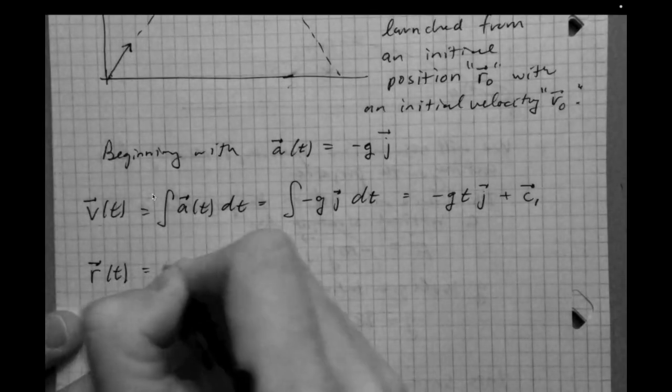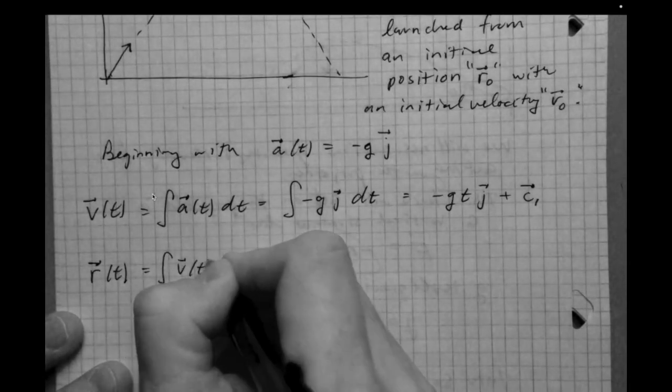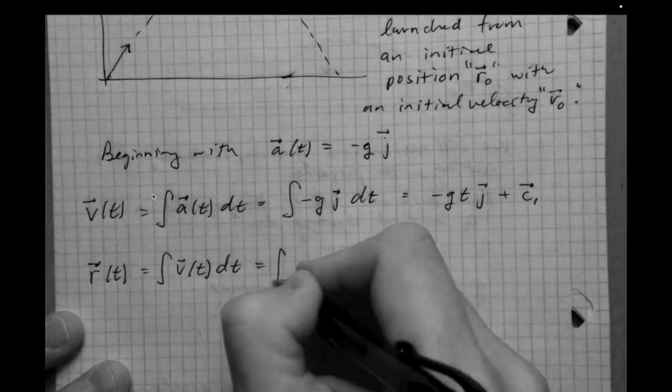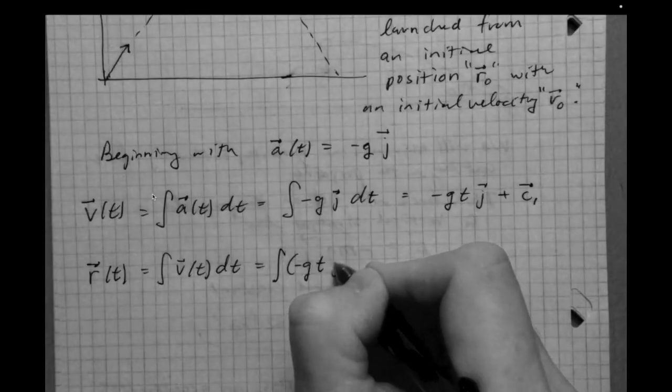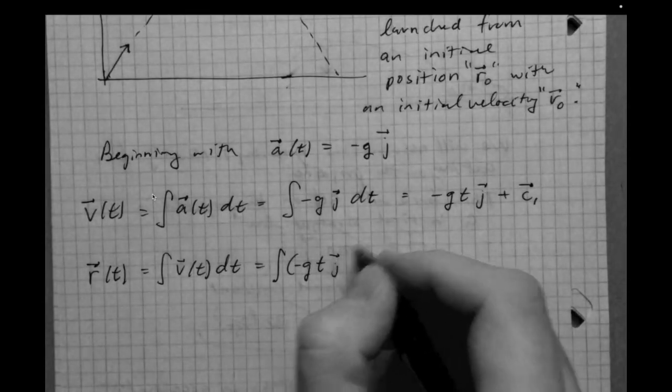And we can integrate this further to get the position. So we'll integrate the velocity, and that's going to be the integral of negative gt times j plus c1.